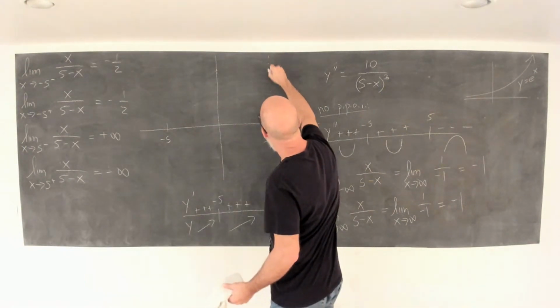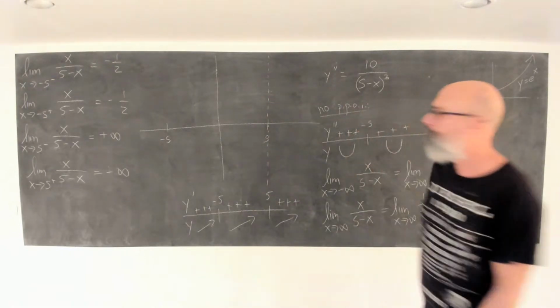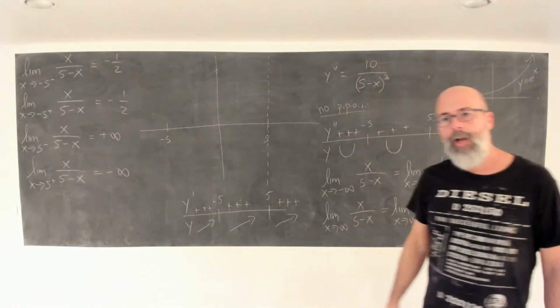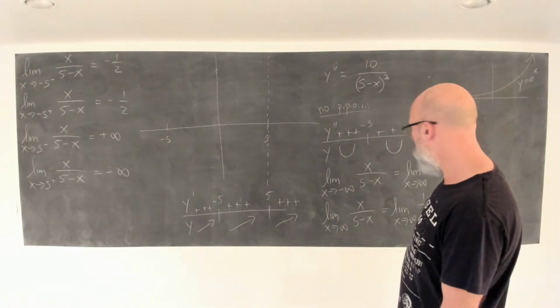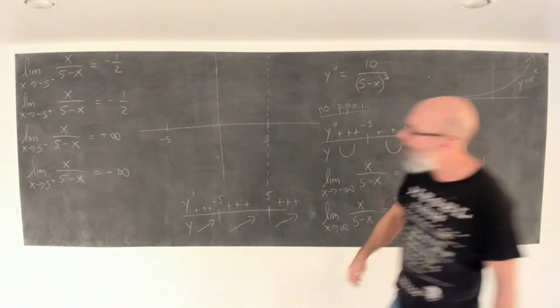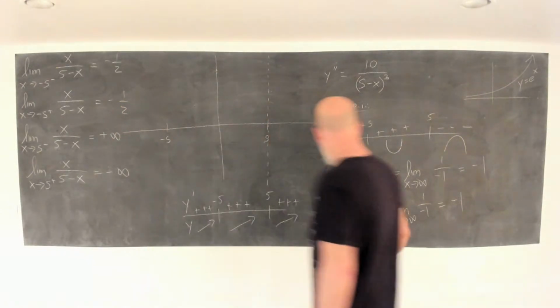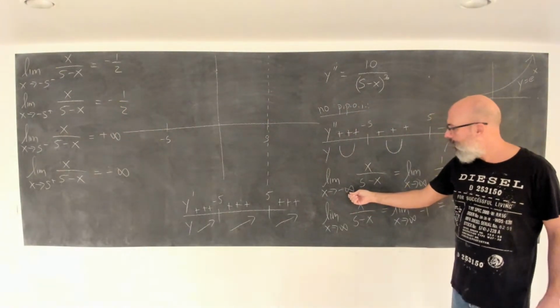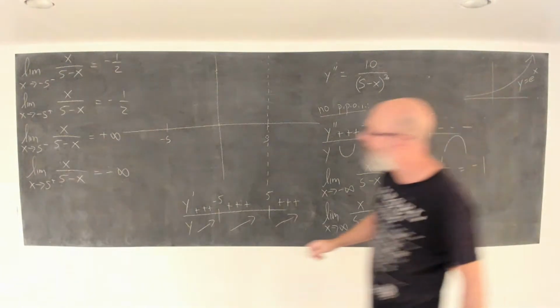Five and minus 5 are not in the domain. But at 5, something more happens. So let's get ready to graph. Where are we starting? Leftmost. So at negative infinity. And when you have very large negative numbers, the function is very close to -1.